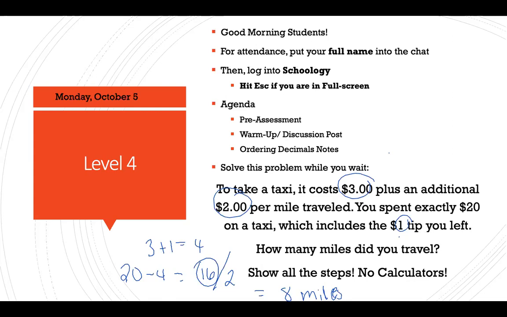So we're going to be working with our decimals now, hence why I have this question with decimals. Money obviously has decimals. And we're going to also be taking a look at our discussion post. So let me pull that up in Schoology.